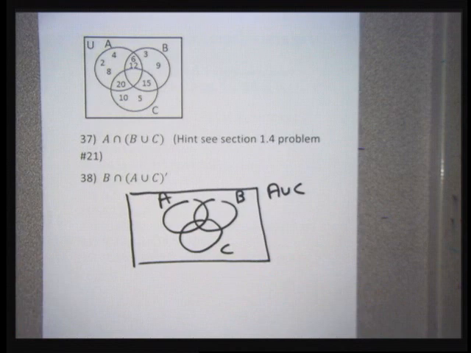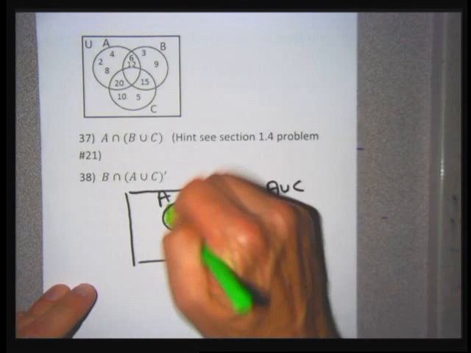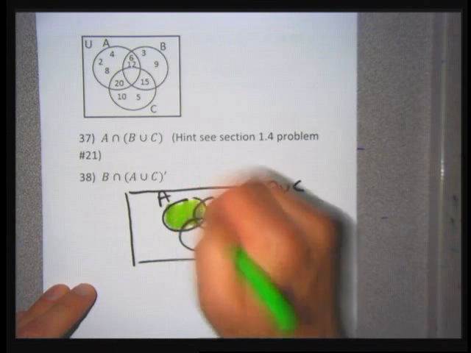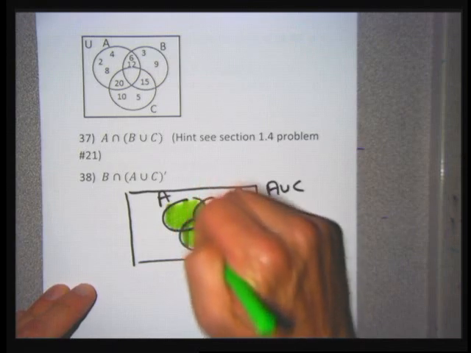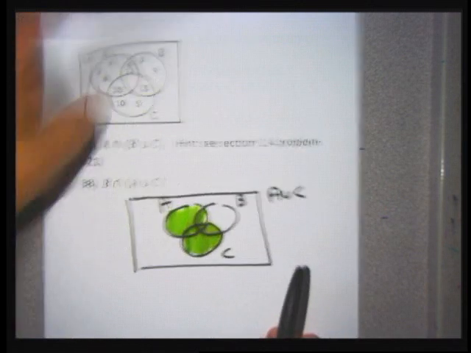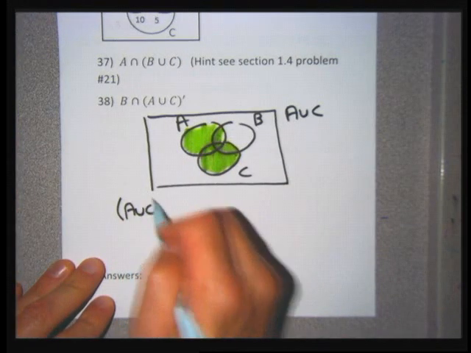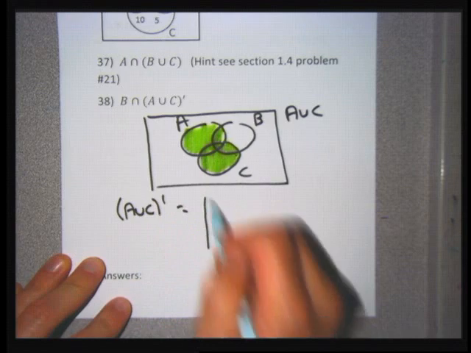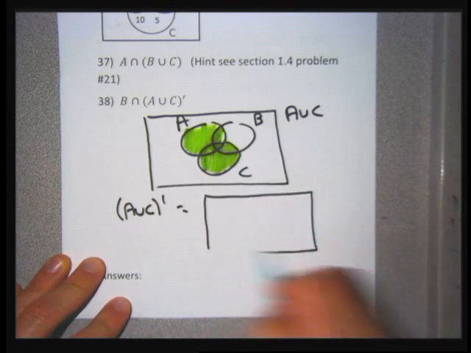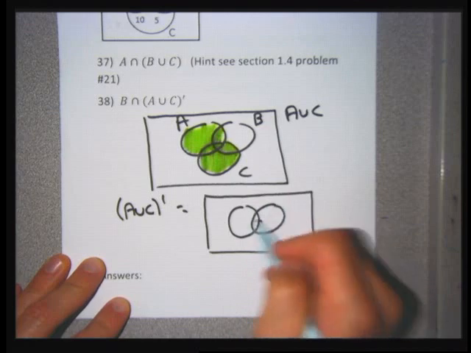And A union C is the entire A circle joined together with the entire C circle. So that's A union C, but that's not what the parentheses wants. The parentheses wants A union C complement, or A union C prime. So A union C complement is going to have the opposite of A union C. So where it's shaded, it becomes white.